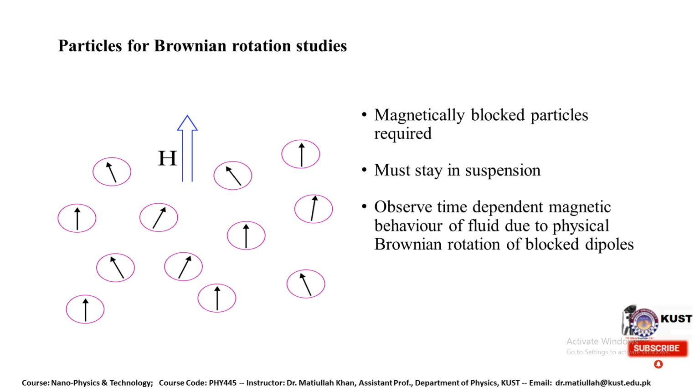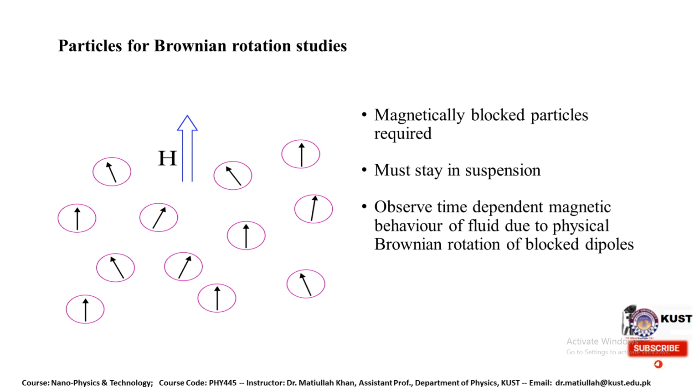When an external field is applied, initially it is randomly present, but it tries to align in the direction of the field because a force is applied, and the effect of this force is to align this magnetic moment in the direction of the field.